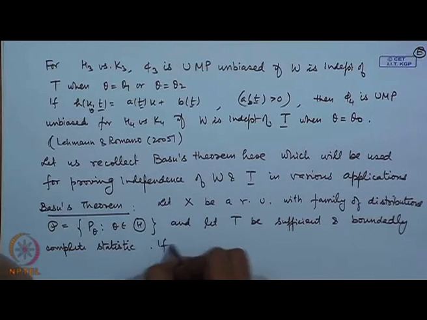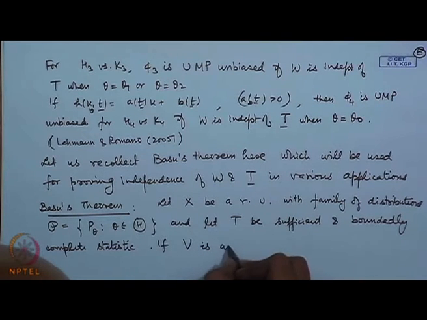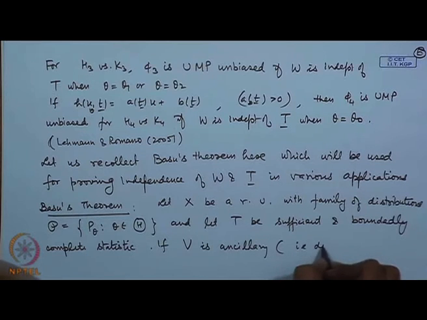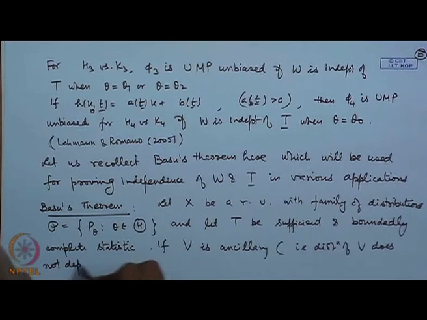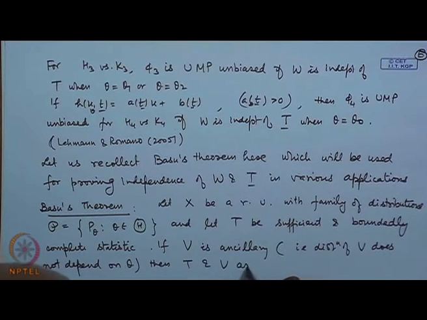If V is ancillary, that is, distribution of V does not depend on theta, then T and V are having independent distributions.